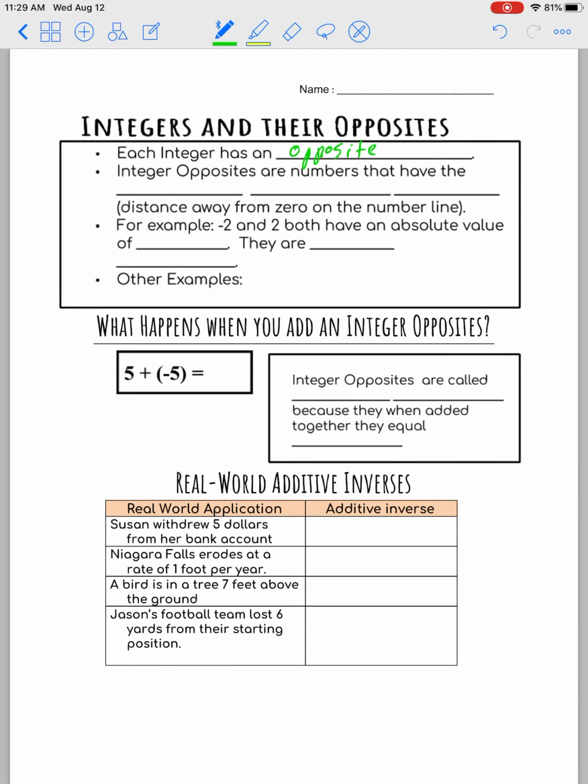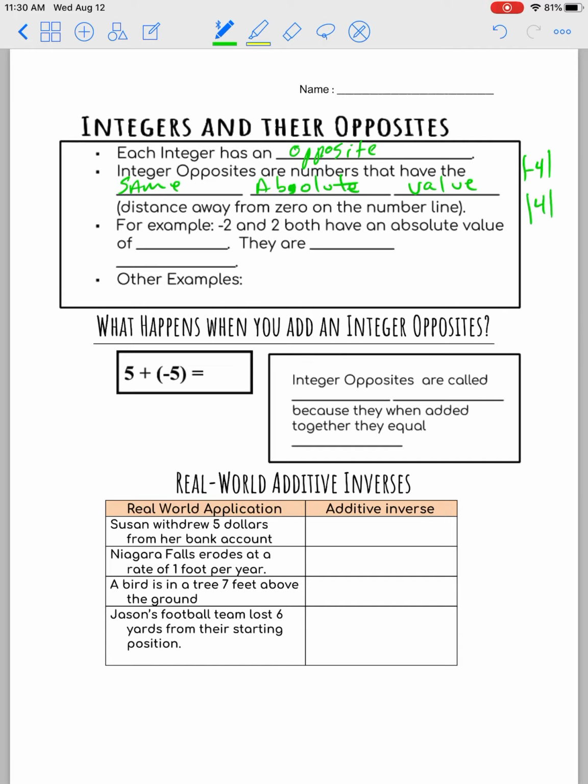Integer opposites are numbers that have the same absolute value. Like, remember previously, negative 4 and 4?